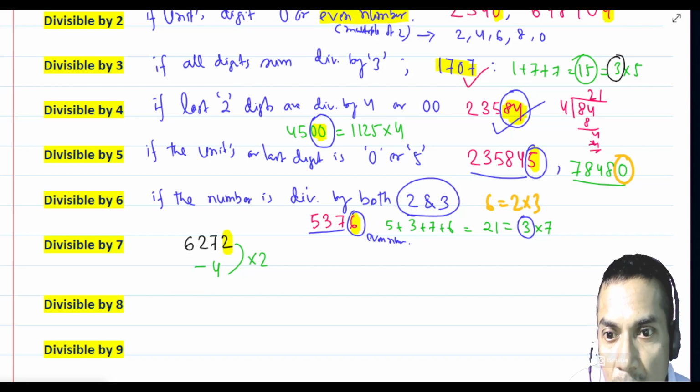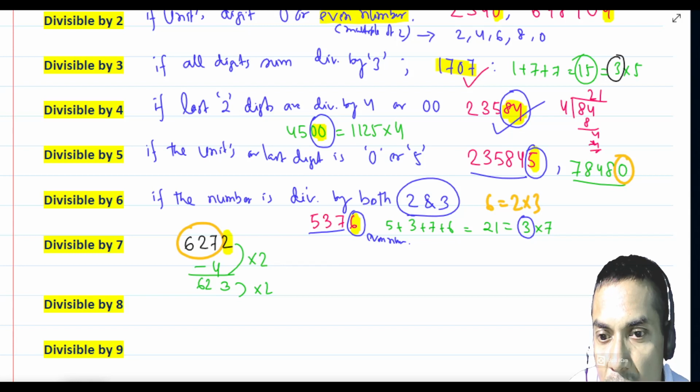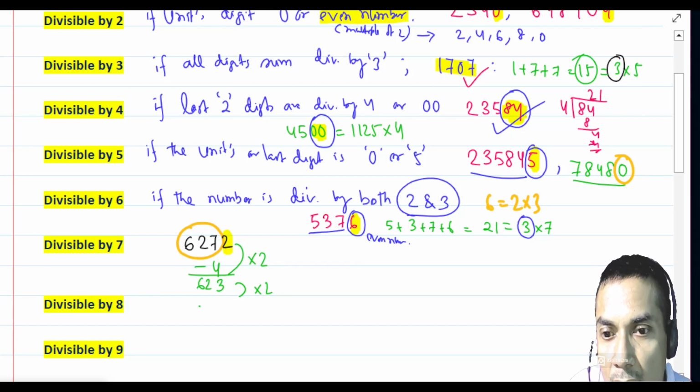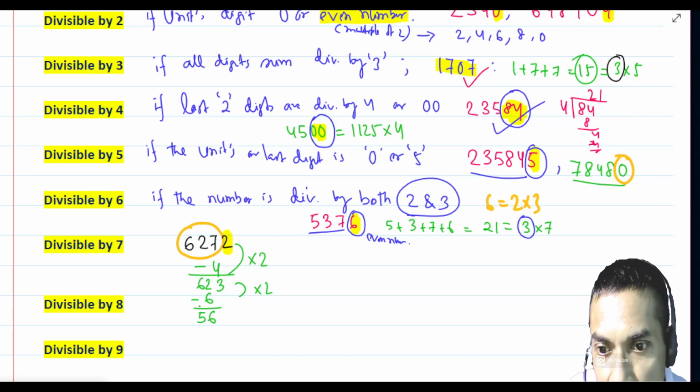What is the rest of the number? 627. You deduct it and get 623. Again you multiply the last digit by 2: 2 into 3 is 6. Then deduct it from the rest of the number, 62. So 62 minus 6 is 56.